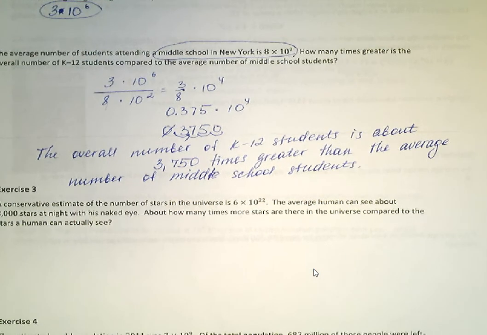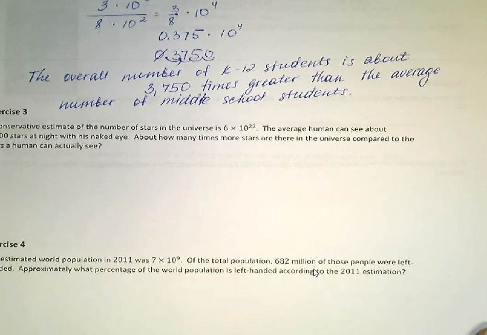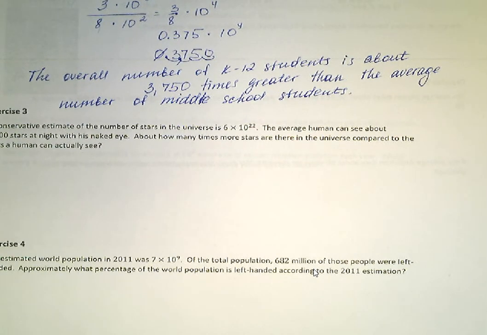Okay. Exercise 3. A conservative estimate of the number of stars in the universe is 6 times 10 to the 22nd. The average human can see about 3,000 stars at night with his naked eye.